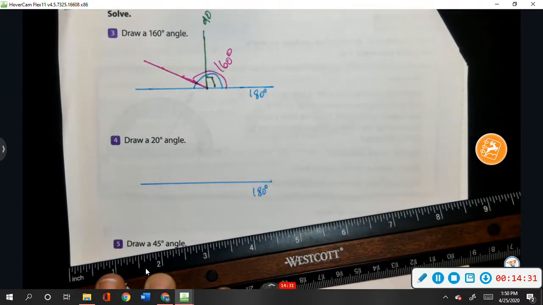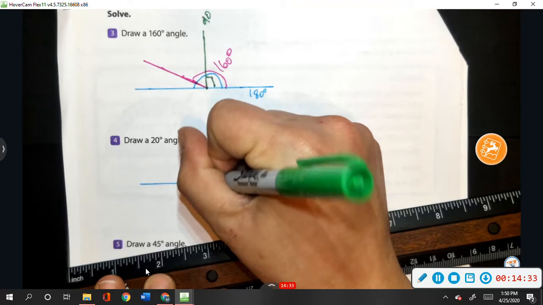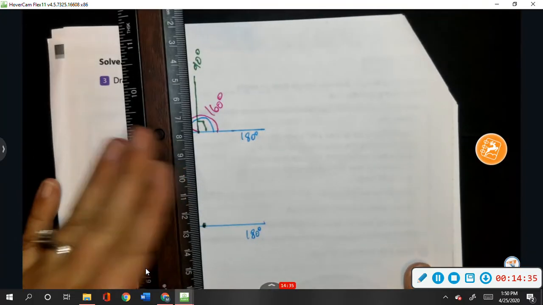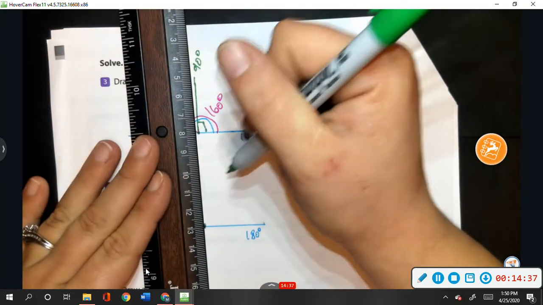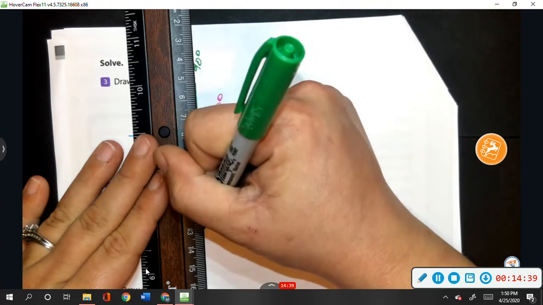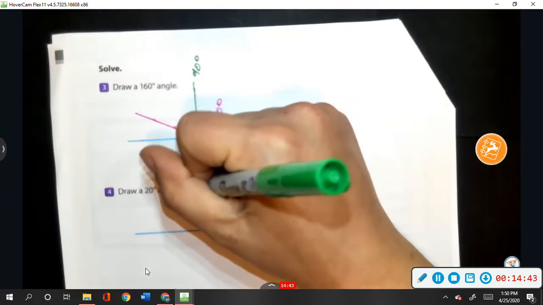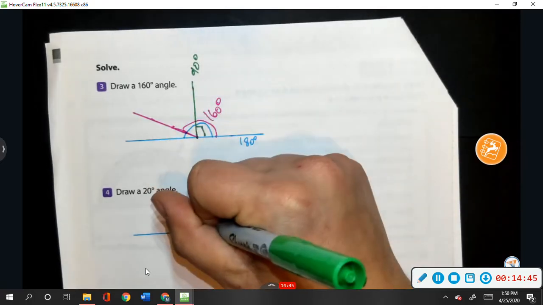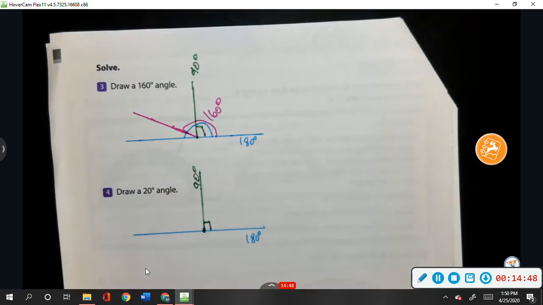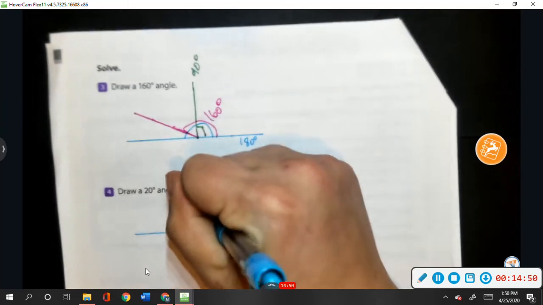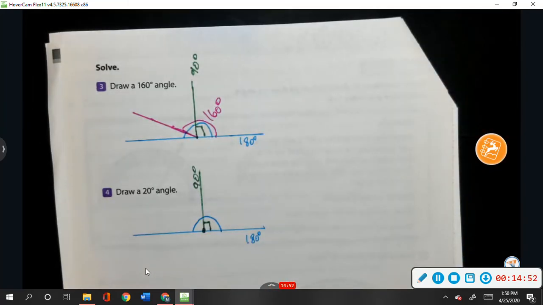Your midpoint is right about here. You're going to draw your 90-degree angle. This is your 90-degree angle. Right here. This is your 180. And then your 20 mark.